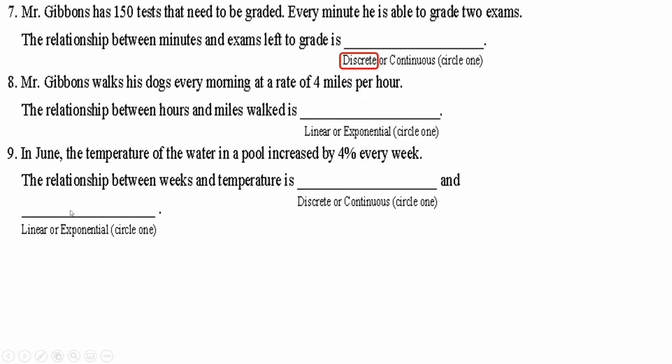Number 8, Mr. Gibbons walks his dog every morning at a rate of 4 miles per hour. So the relationship between hours and miles walked is, all right, well, think about this. Every hour, my dog and I are walking 4 more miles. We're adding 4. The pattern of change is 4 plus 4.